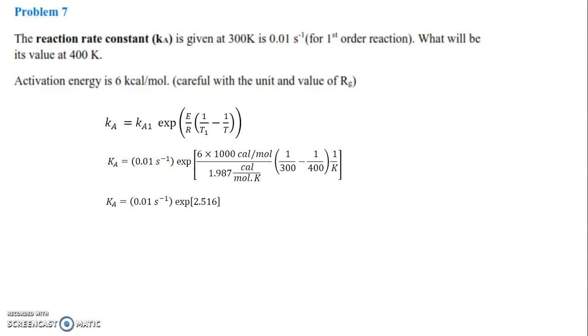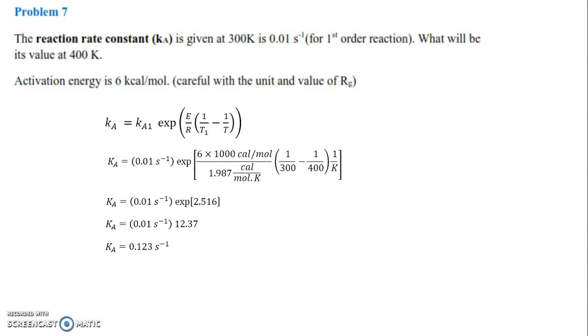So you'll get step-by-step calculations. Inside the exponential, if you do the calculation, it becomes 2.516, and the exponential of that becomes 12.37. This should be small k, the reaction rate constant. If you do the calculation, the new value at 400 Kelvin becomes 0.123 second inverse.